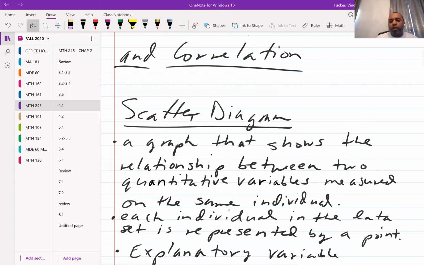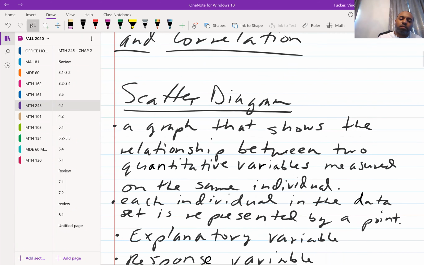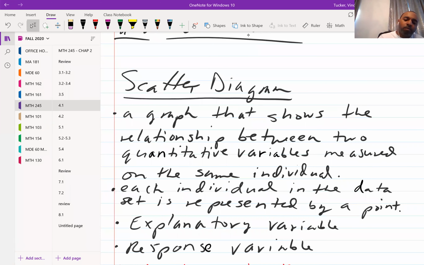Each individual in the data set is represented by a point. We will have an explanatory variable and a response variable. We'll talk about the differences between the two shortly.